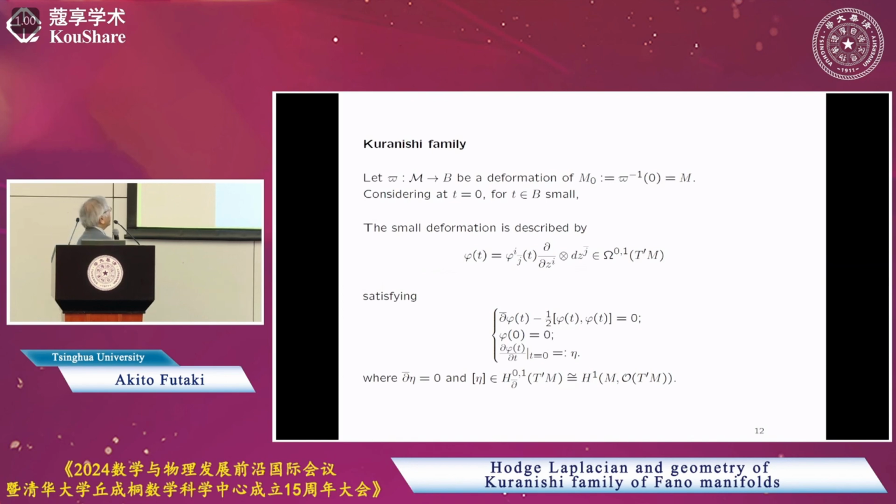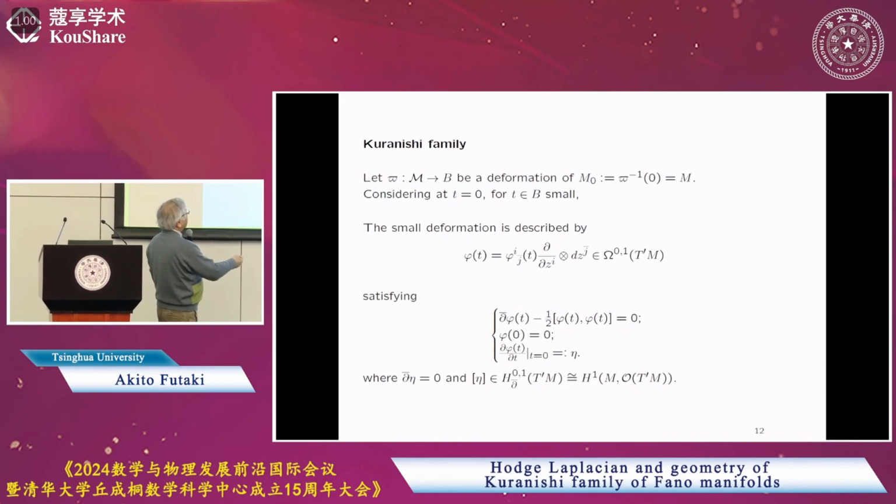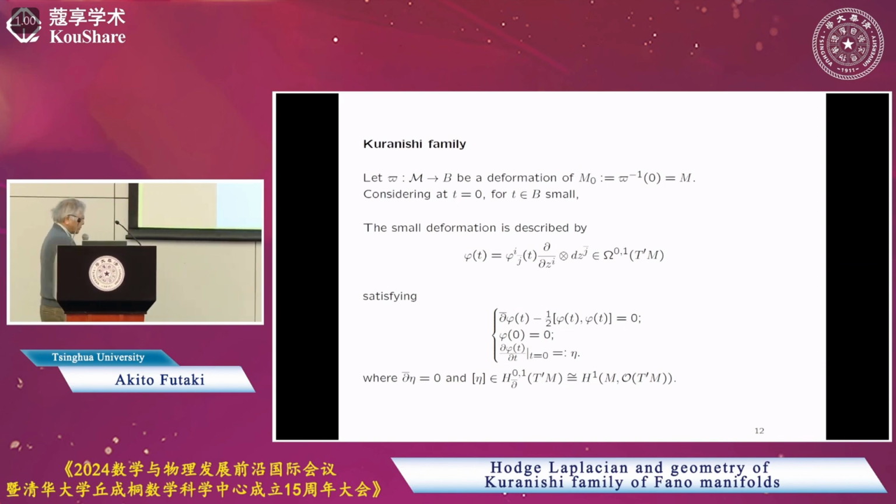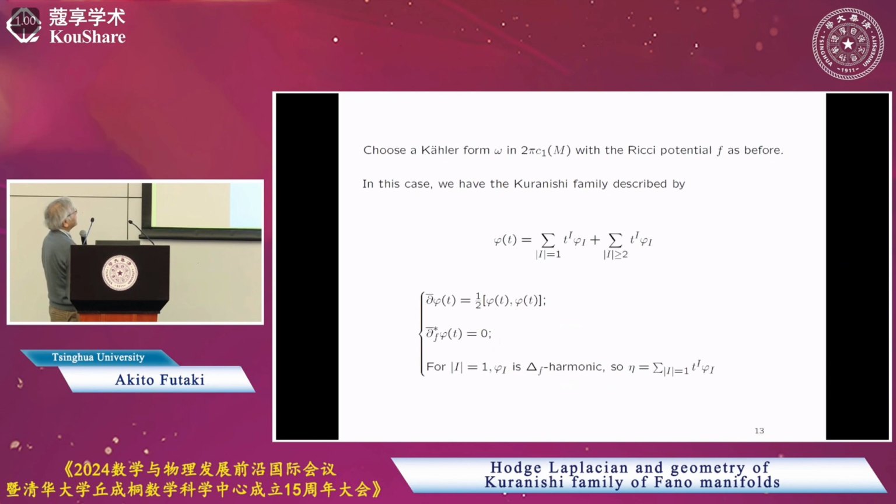And then the infinitesimal deformation satisfies this d-bar vanishing, and so it defines the d-bar cohomology of 0,1 forms. So this is Kodaira-Spencer, but Kuranishi described it in this form.